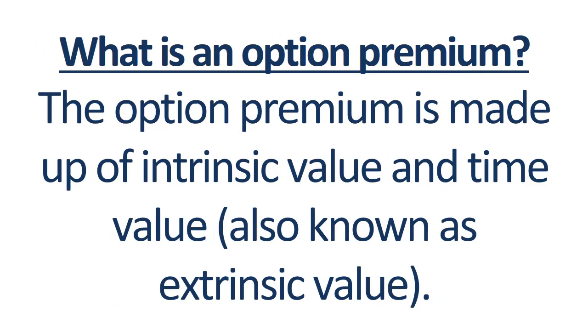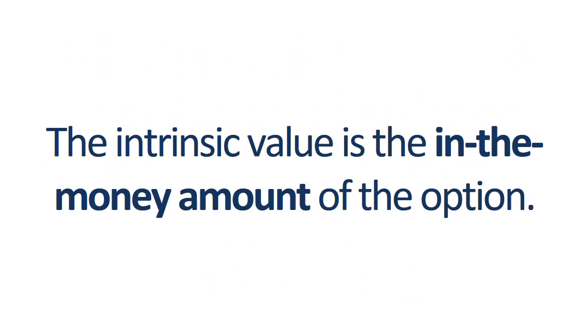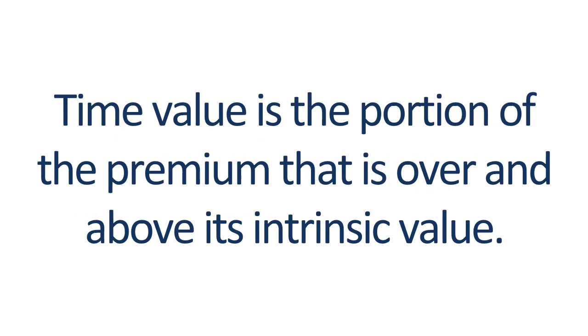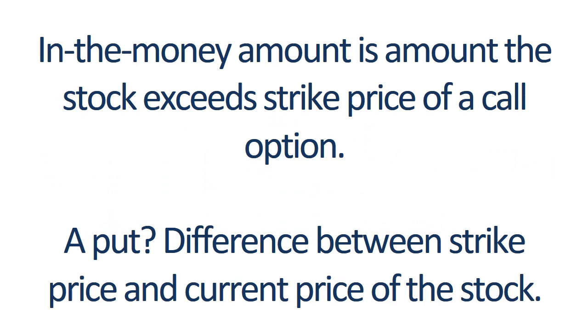So what's an option premium? The premium is made up of intrinsic value and time value, known as extrinsic value. Number one, the intrinsic value is the in-the-money amount of the option. Number two, time value is the portion of the premium that is over and above its intrinsic value. The in-the-money amount is the amount that the stock exceeds the strike price of a call option, and for a put, the difference between the strike price and the current price of the stock.